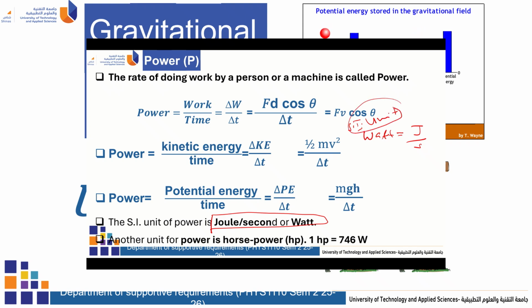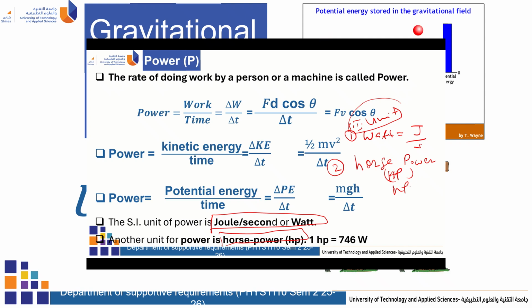But there is one more unit, known as a commercial unit, and this is known as the horsepower. In short form, we write 1 HP, or sometimes in small letters, hp.